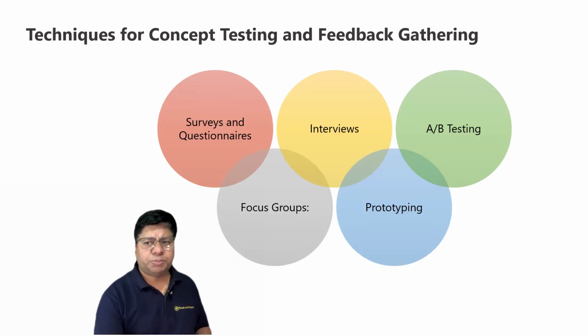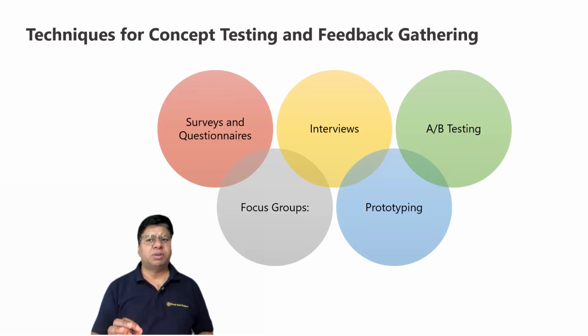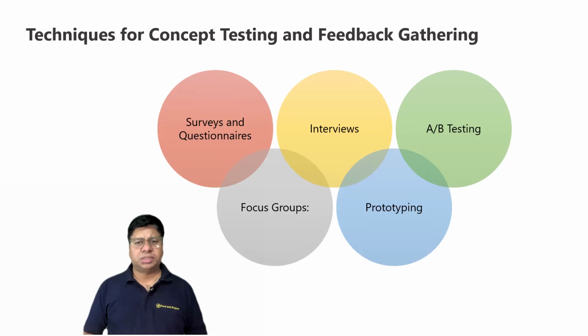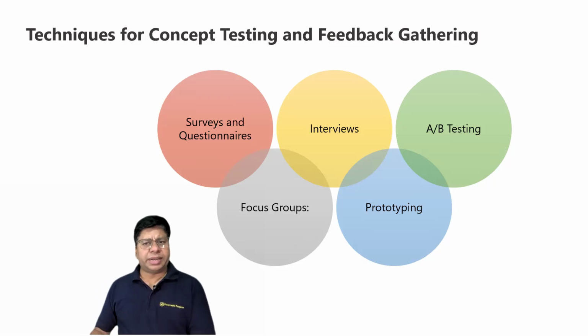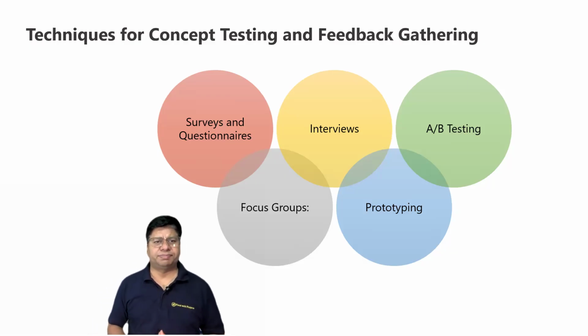The next is prototyping. Prototyping is a simple clickable version of your product. You can use tools like Figma or Marvel. You can share the multi-screen demo with real users. Let users interact with it and observe what confuses them or excites them.